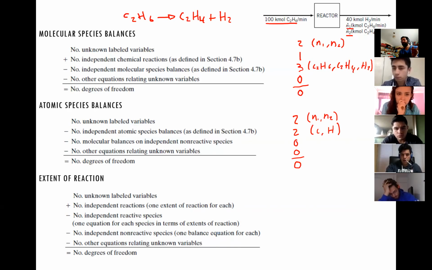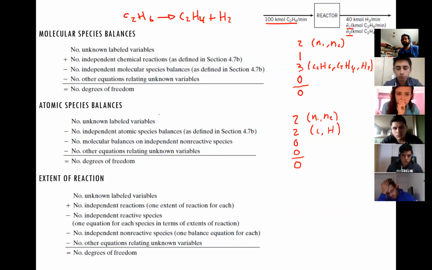So in this case, those three, right? C2H6, C2H4, and hydrogen, right? But in the atomic species, you have independent non-reactive species. For example, if you're using air for the oxygen and not for the nitrogen, nitrogen is not going to react. So nitrogen would be an independent non-reactive species. Right? Okay, thank you. Welcome.